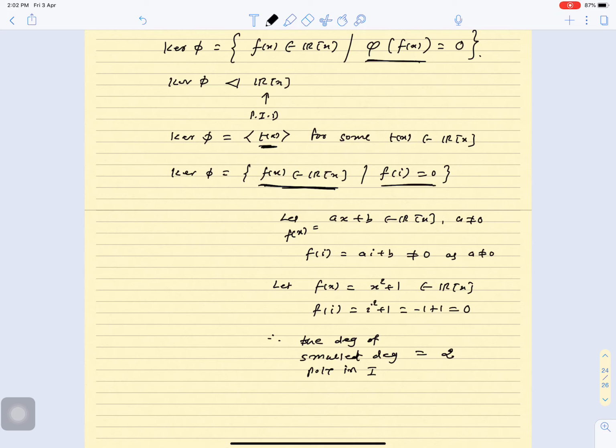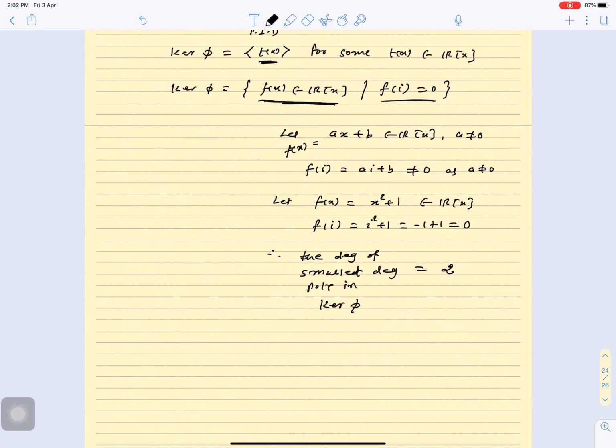So let me write, the degree of the smallest degree polynomial in kernel of phi is equal to 2, and it is what?